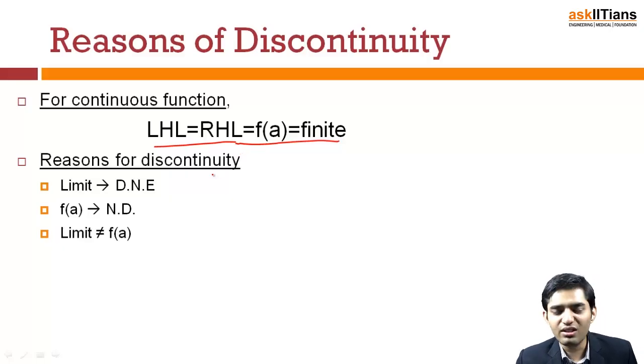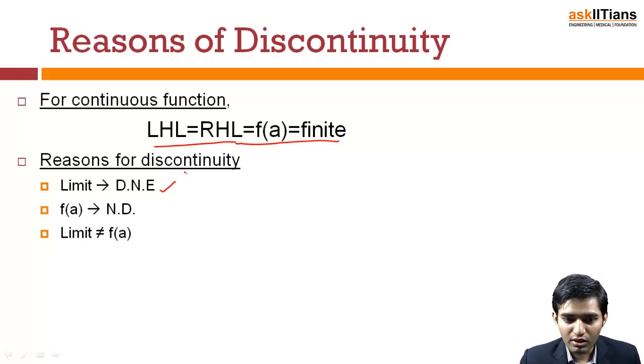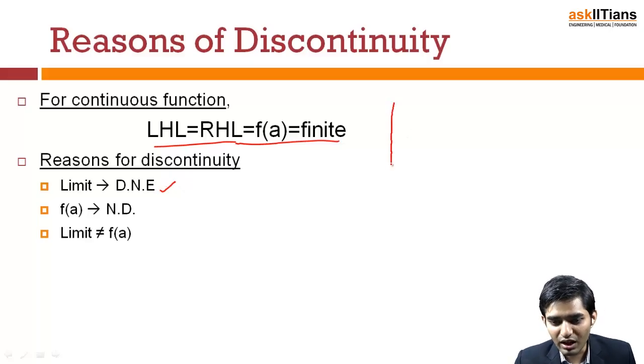The first reason for the function to be discontinuous is that the limit itself does not exist. If the limit does not exist, then the function will obviously be discontinuous, because the limit should exist, the function should be defined, and both of them should be equal and finite. Then only the function will be continuous. A good example for this is a graph like the one we saw.